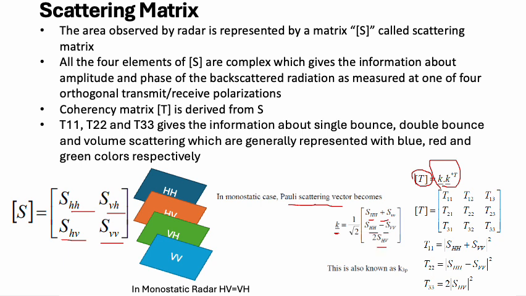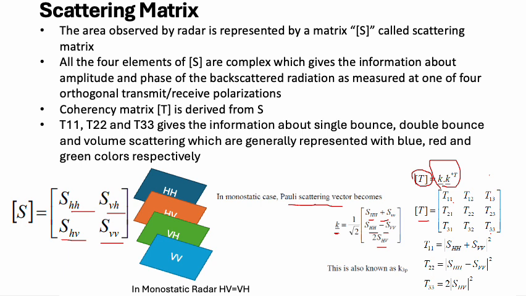Once we get T, how many elements does it have? There are a total of 9 elements, T11 to T33, which we get from the coherency matrix T3.